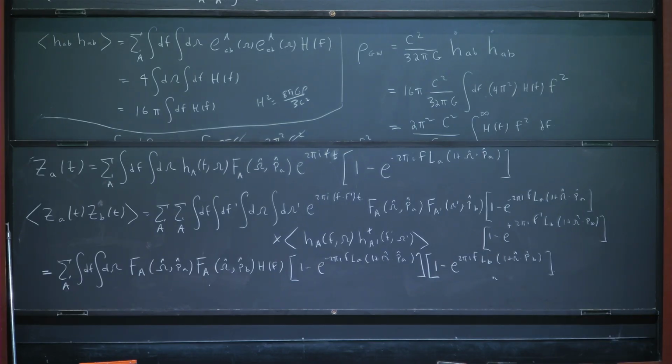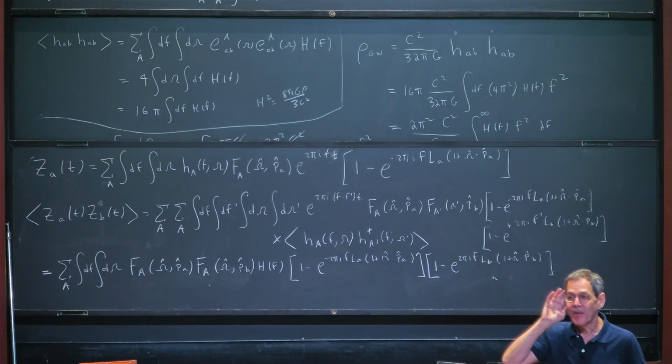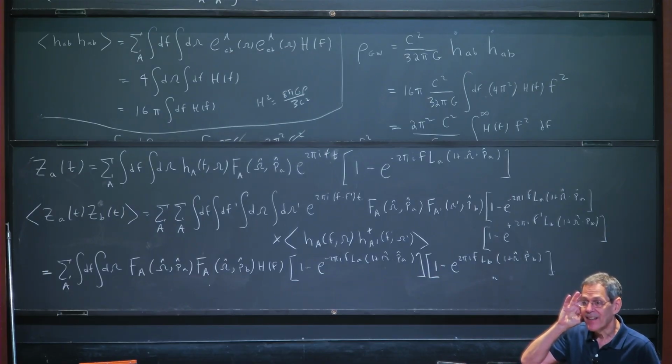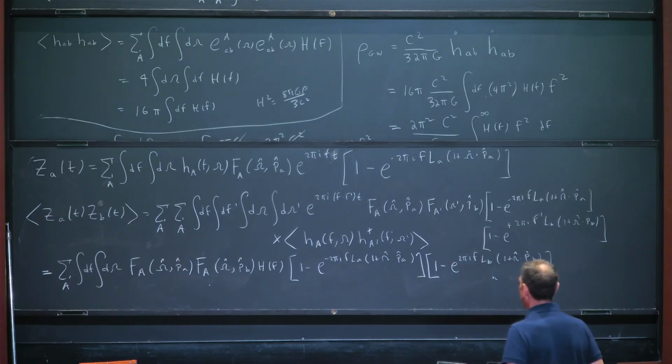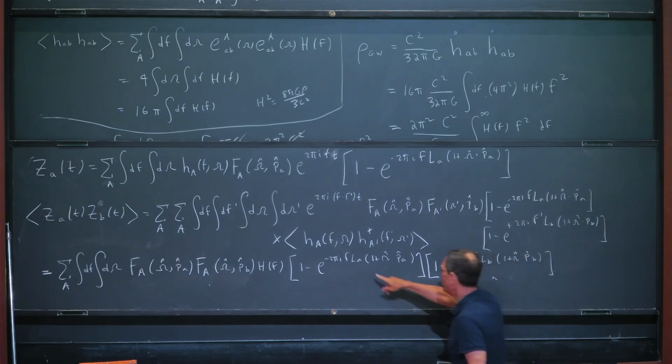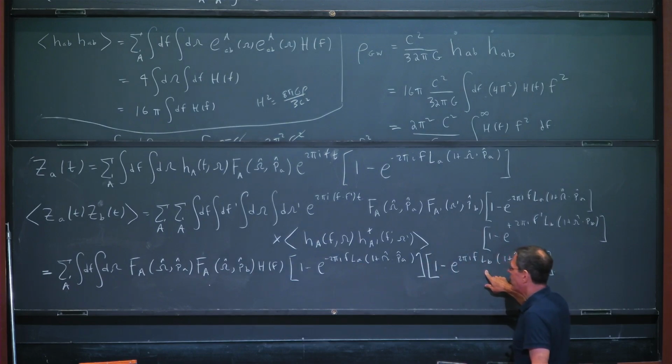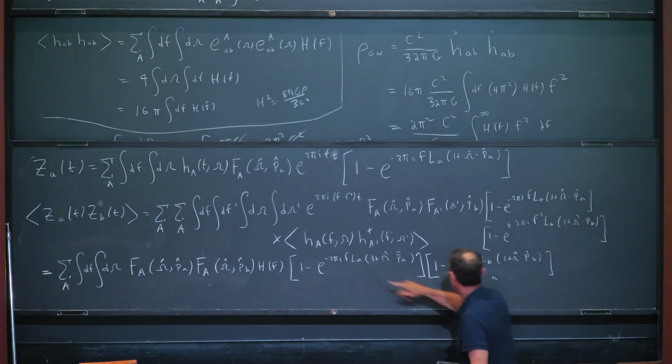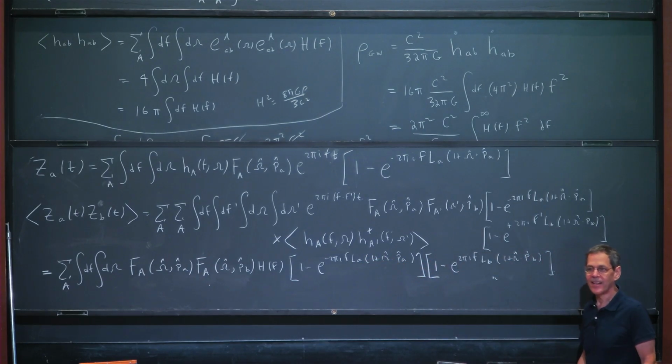When would those last two terms, the product of this term with that term... I heard the right answer. When they're the same pulsar. Because, of course, if A equals B, if we've got the same pulsar, then the product of this term with this term is 1. That doesn't average away.